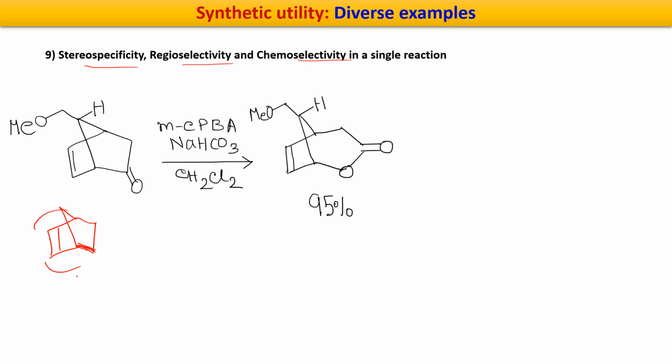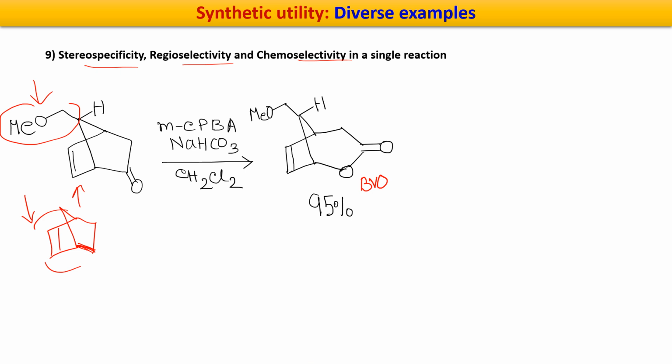This is exo, this is endo. Under normal conditions, if mCPBA is present, the attacking tendency will be more from this side because that is the less hindered side. Now when there is a CH2OMe group present, this side also becomes hindered and this is already hindered. So the CC double bond remains intact and the attack takes place only on the C double bond O. That means we are getting our BVO product, we are not getting epoxidation, right?